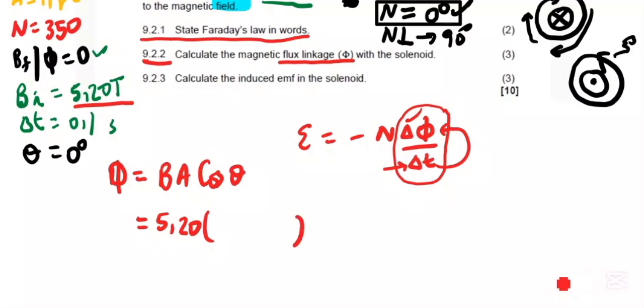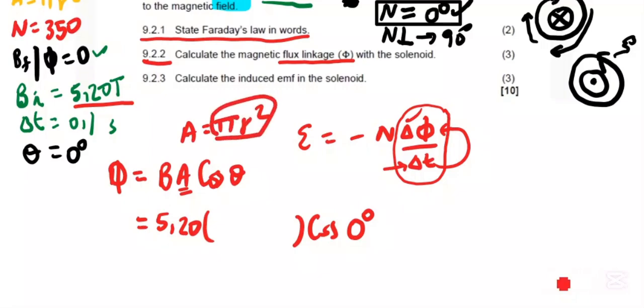Then the area and cos of the angle, which we said is 0, so cos 0. The area here is the area of a circle, so we will have pi r squared.